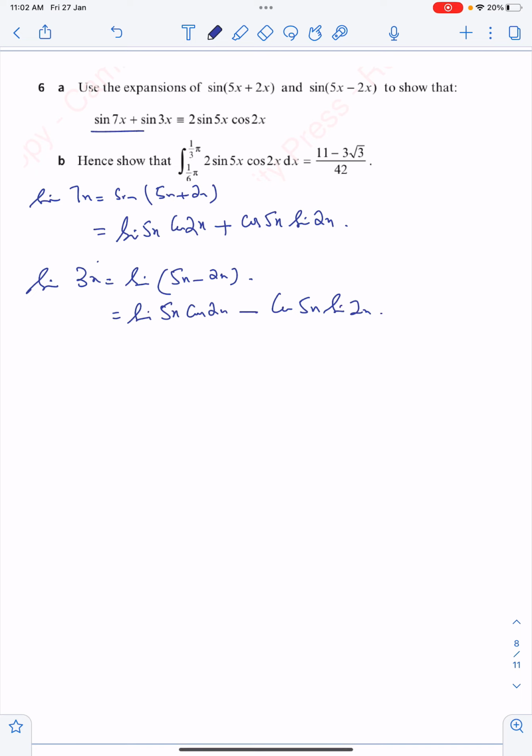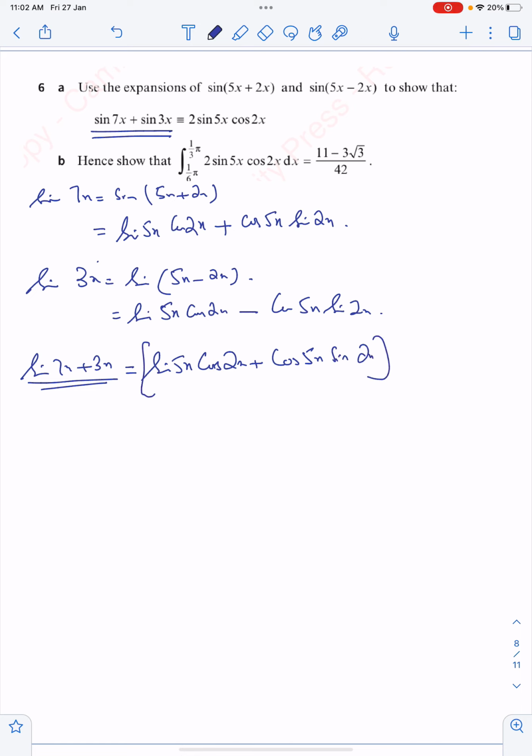Okay, so if we have to add them up, so I'm adding them up. Sine of 7x plus 3x equals sine of 5x cos of 2x plus cos of 5x sine of 2x, this is the first bracket, plus sine of 5x cos of 2x minus cos of 5x sine of 2x.